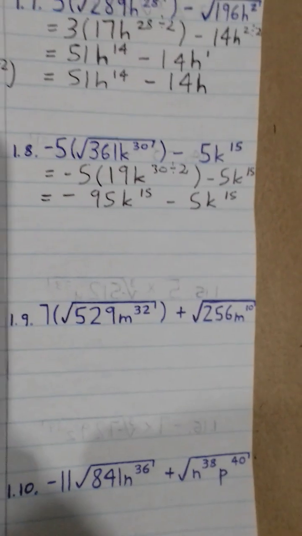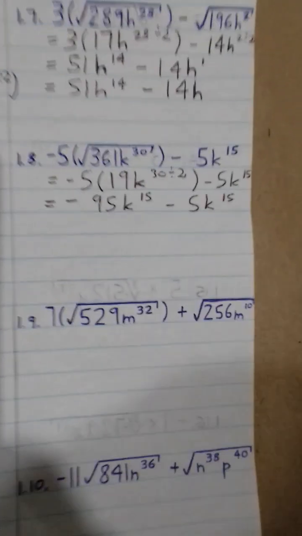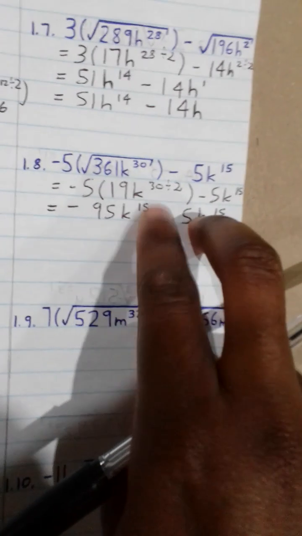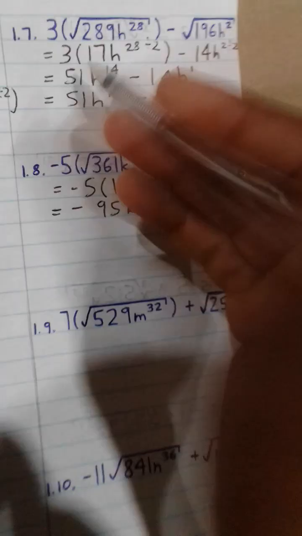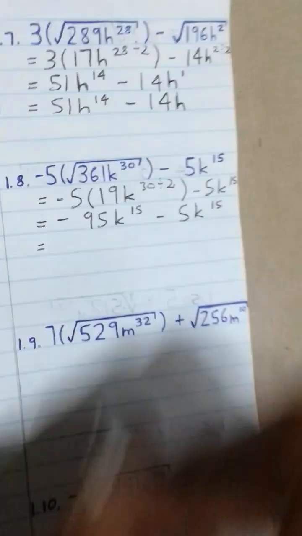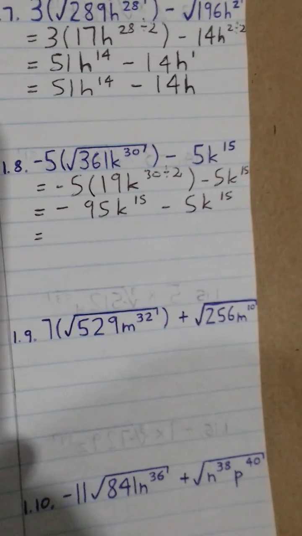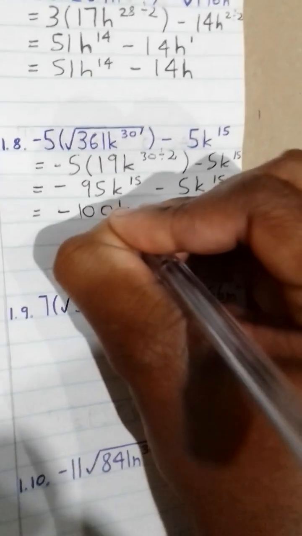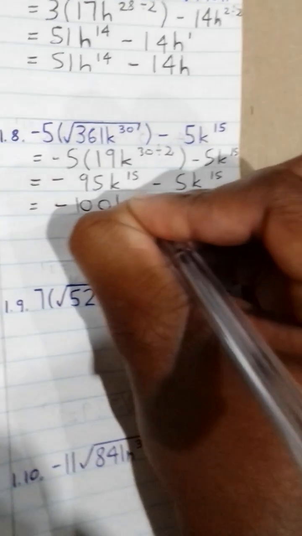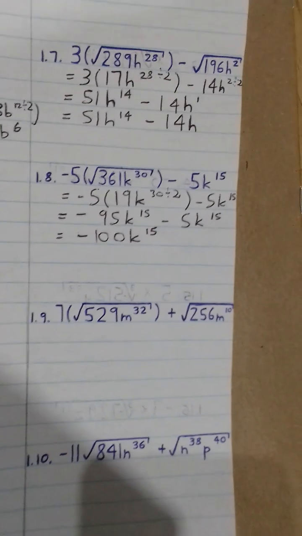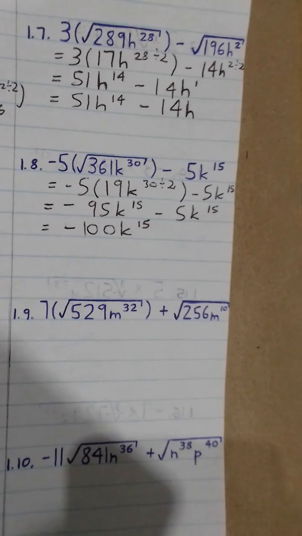Okay. So are they like terms? Yes. They contain the same variable k raised to the same exponent 15. So we deal with the coefficients. It's going to be negative 95 minus 5 is negative 100. Final answer is negative 100k to the power of 15. I hope that makes sense.